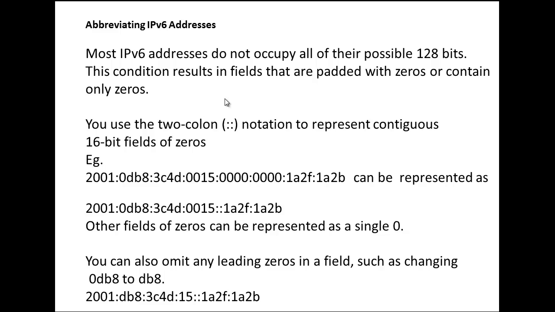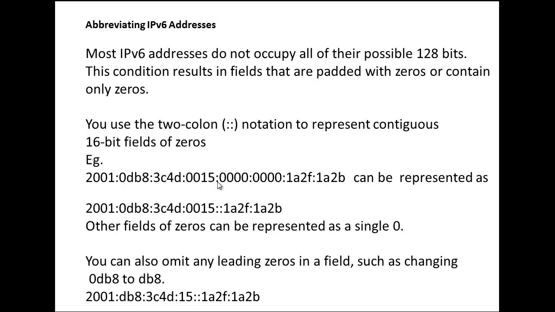Most IPv6 addresses do not occupy all of their possible 128 bits. We can shorten the IPv6 address by abbreviating it. Now, let us look at an example here of an IPv6 address.